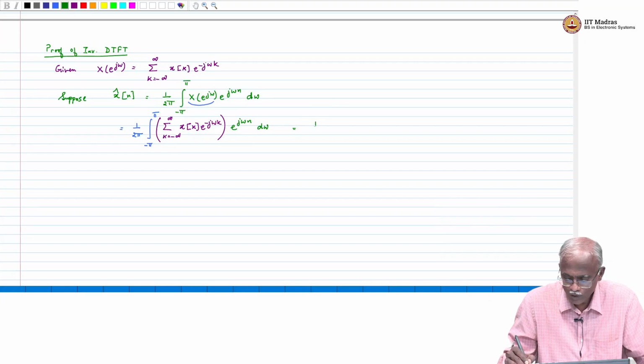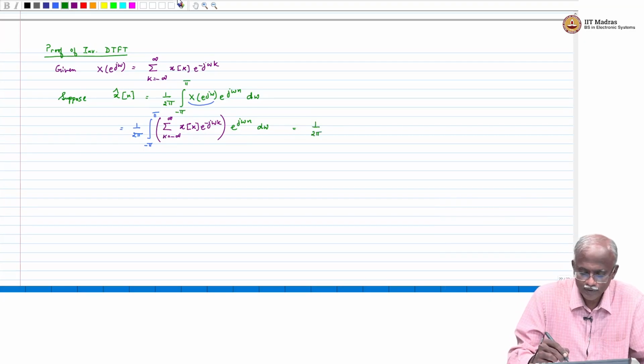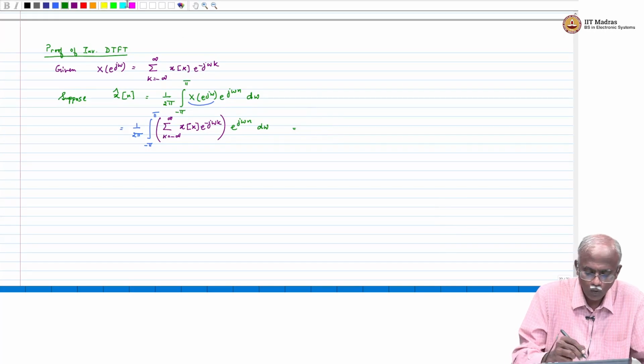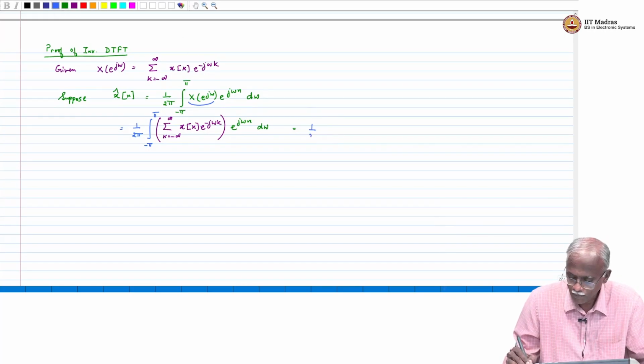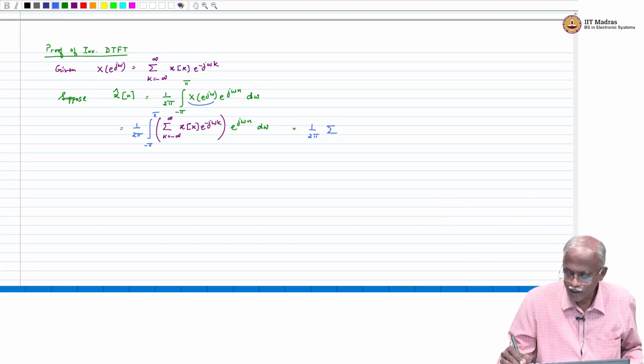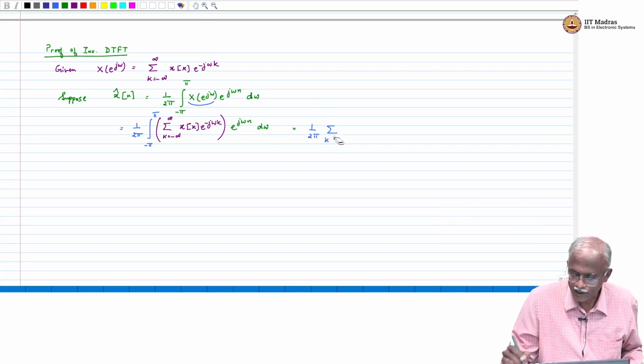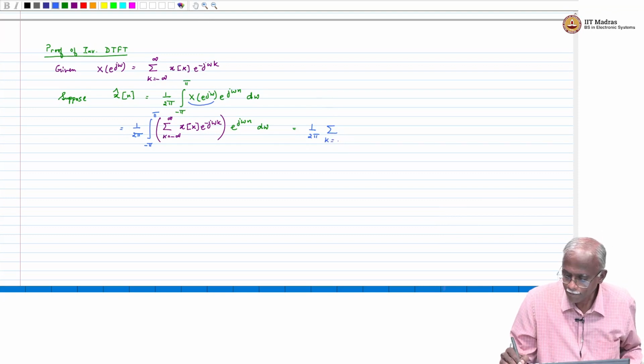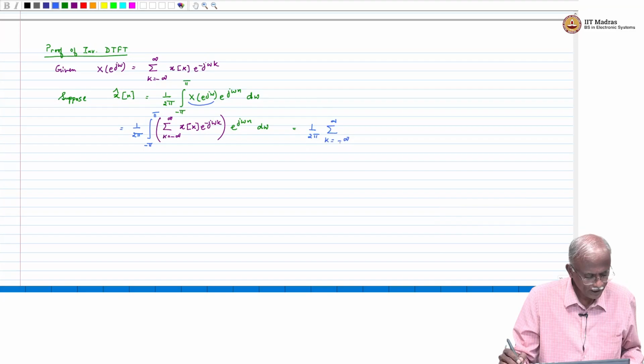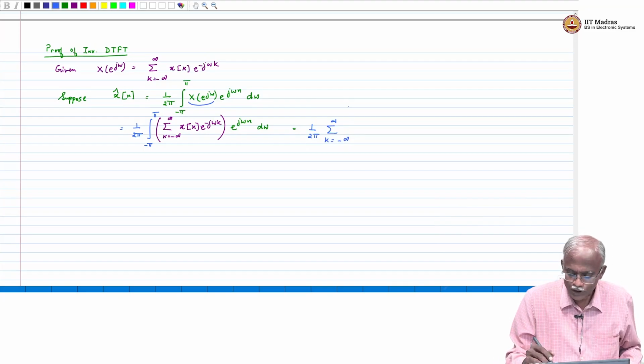So, what I get is 1 over 2 pi, let me write it with the same colors, 1 over 2 pi, the summation comes on the outside, summation k equal to minus infinity to infinity, x of k.